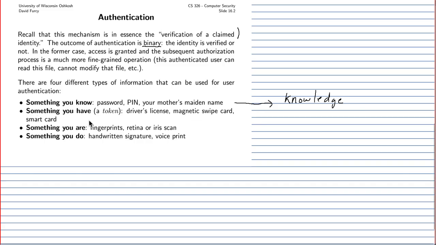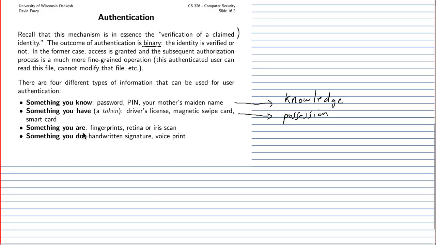Then there is something that you have. This is something you possess. For example, a physical token, an artifact like a driver's license or swipe card or smart card, key fob, etc. So this is something that you physically own, an object.